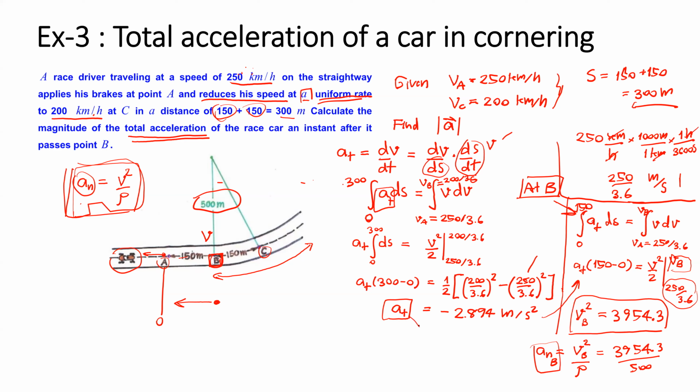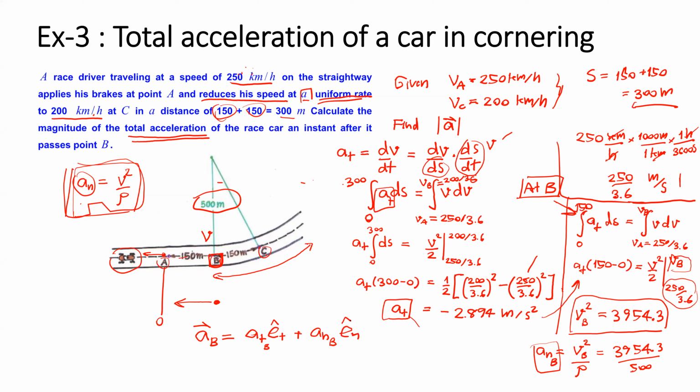And then you're going to have the normal acceleration. And before this, we know the tangential acceleration. The total acceleration vector at point B is equal to the tangential acceleration in the t direction and the normal acceleration in the n direction.